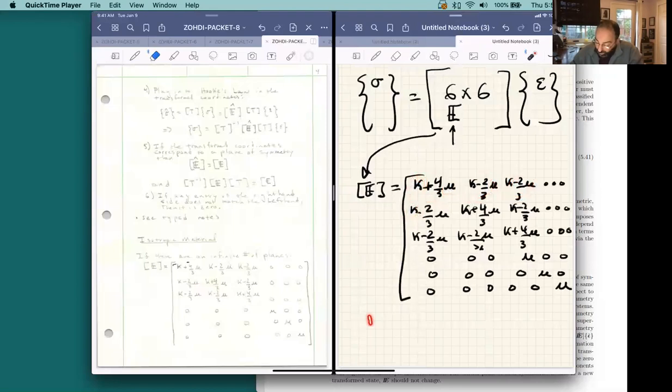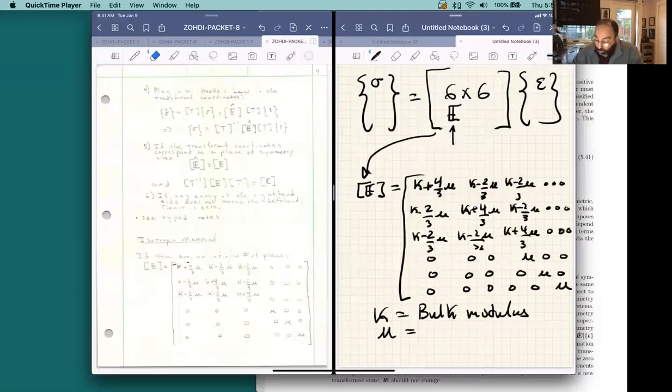Number one, kappa is the so-called bulk modulus of the material. The bulk modulus, as we'll see later, tells us how squishy a material is with respect to its volumetric deformation. The shear modulus of the material tells us how resistant it is to being sheared in different directions. So there's a nice decomposition that goes on there.